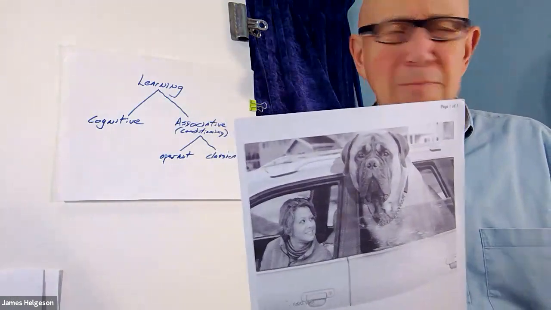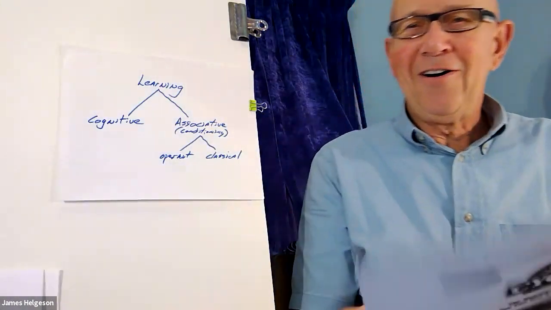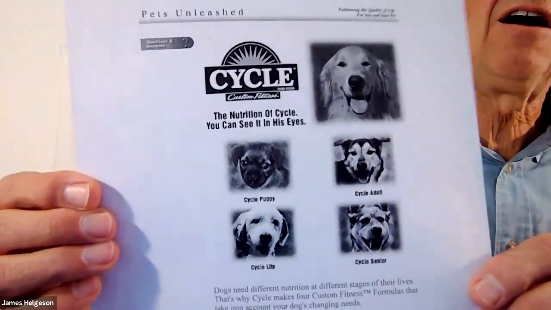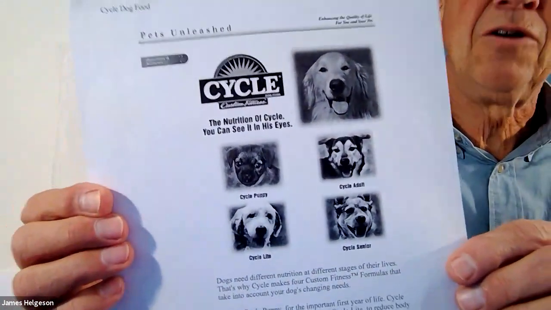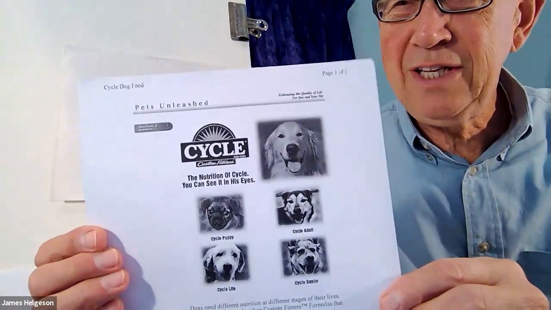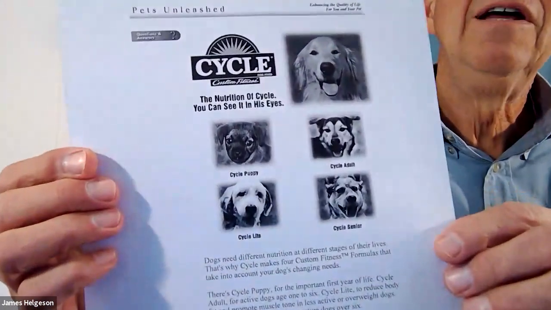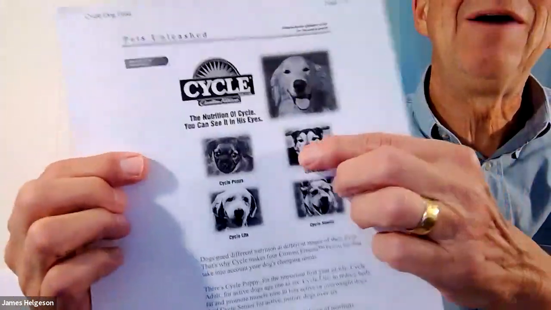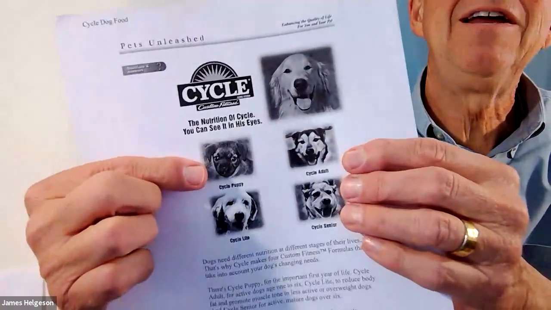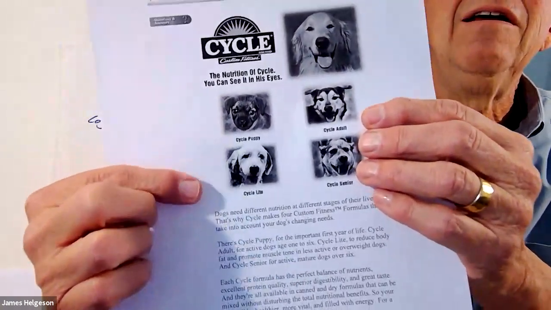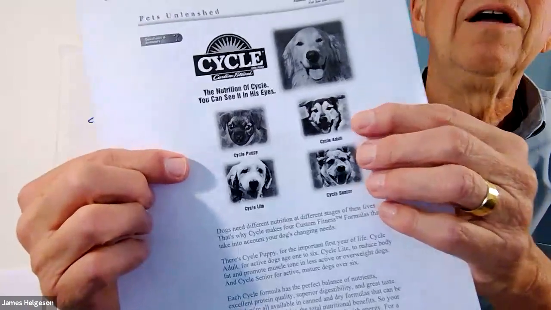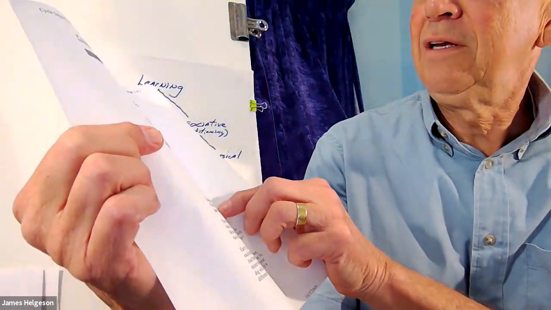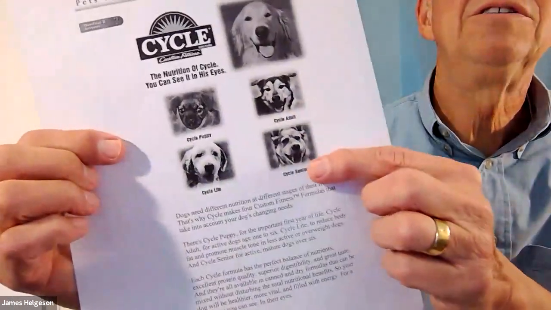And we see some information out there. We see maybe I mentioned it. I mentioned this before when we talked about dog demographics. Cycle dog food. And it says, you know, dogs have different nutritional needs throughout their life. You know, we've got the puppy right here, and we've got the adult dog, and we got the old dog, whatever. We got adult, senior dog.